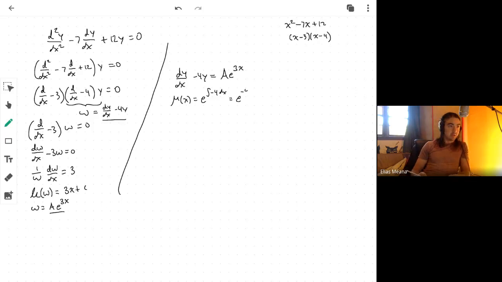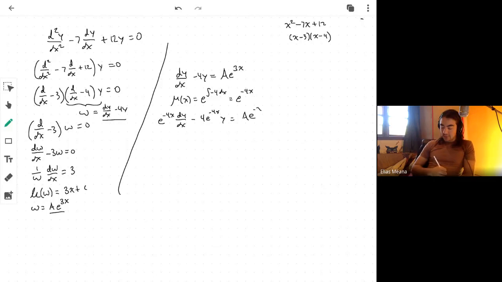Remember that our c can be 0 here, so we make it 0. Then we multiply the entire differential equation, and it becomes e to the minus 4x dy/dx minus 4 e to the minus 4x y equals a e to the minus x.